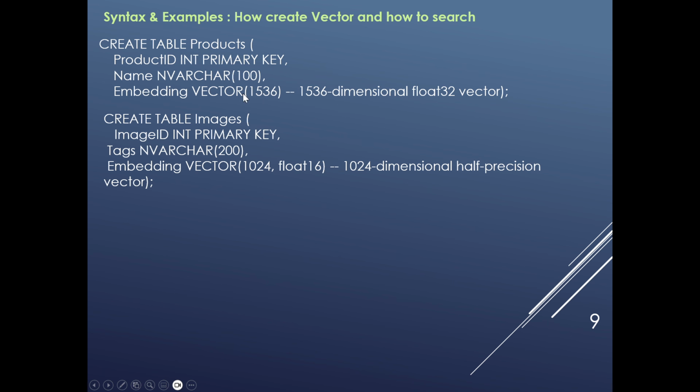I have already told you what a vector is. You can name the column anything; I'm just putting embedding for your ease. So what the vector is storing is an embedding. Embedding can be of two types: one is self created, and one is AI created.